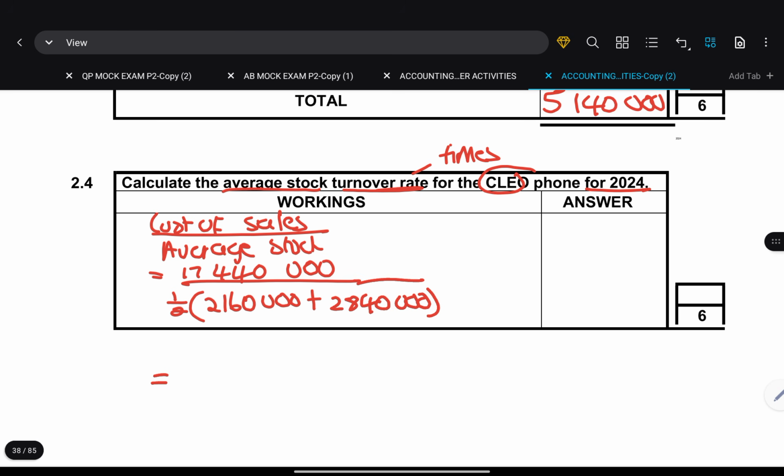I suggest that you first get the average of the two at the bottom. 2,160,000 plus 2,840,000 gives us 5 million, right? And then 5 million divided by 2 gives us 2,500,000.